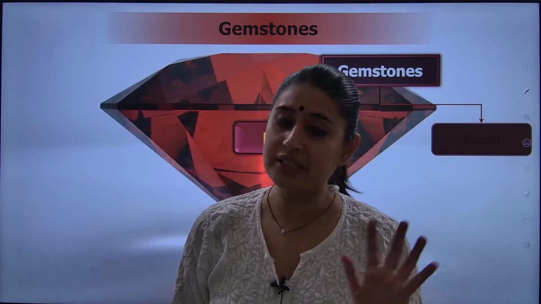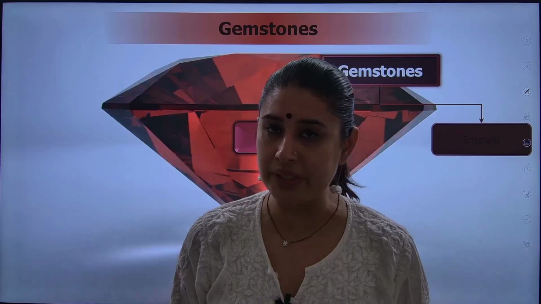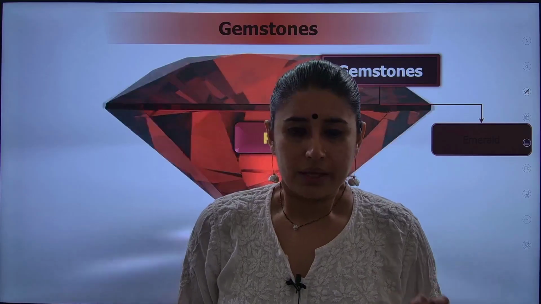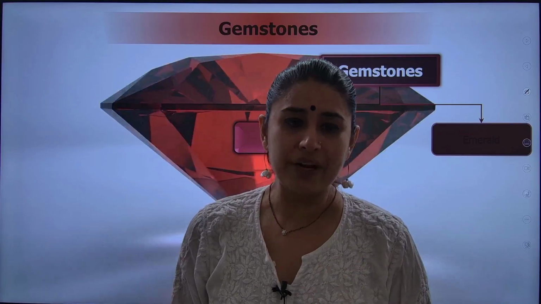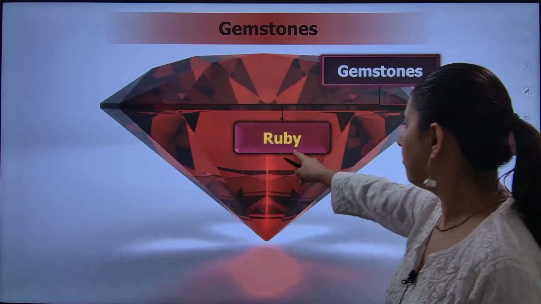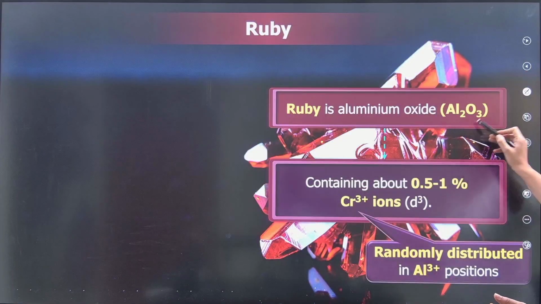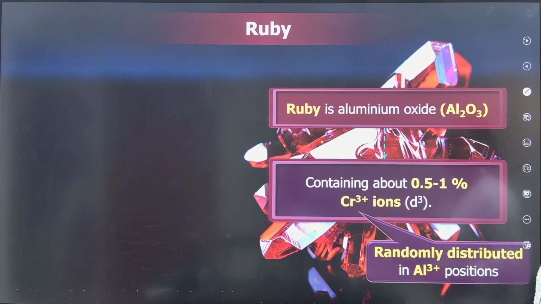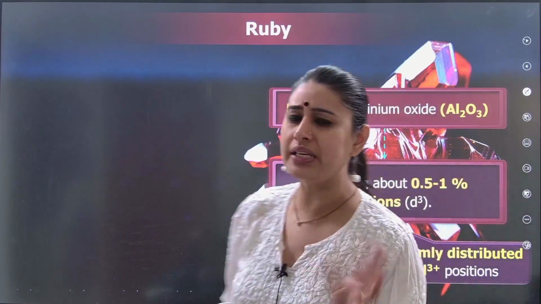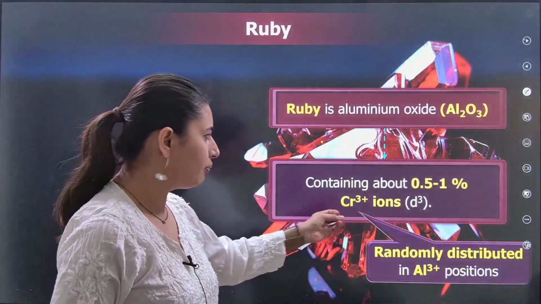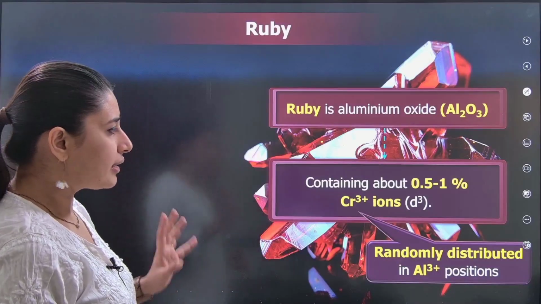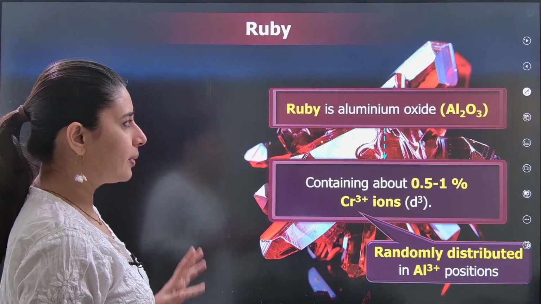Yeah, Aditya, these are just NCERT examples that I've got. Here, please see, a direct question from gemstones has come. First, we are doing ruby. Ruby is actually aluminium oxide, Al2O3. It contains some Cr3+, very little, 0.5 to 1%, randomly distributed in place of Al3+.